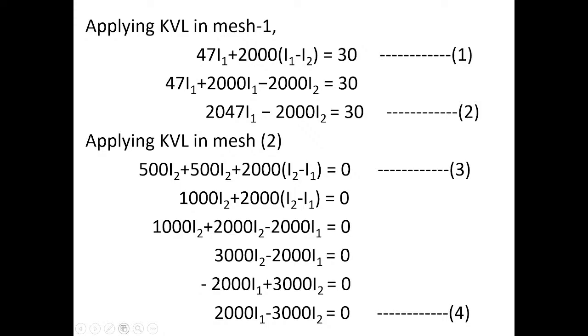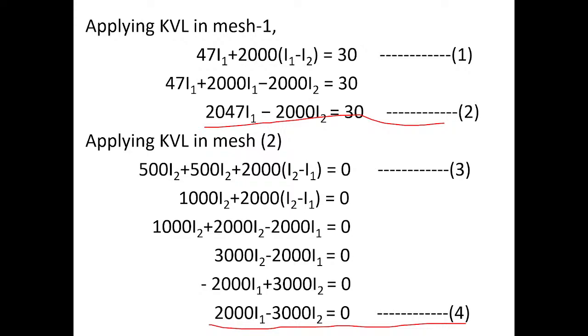Now we have equation 2 and equation 4. So we have unknown variables, I1 and I2. So now using a scientific calculator, you people can determine I1 and I2.